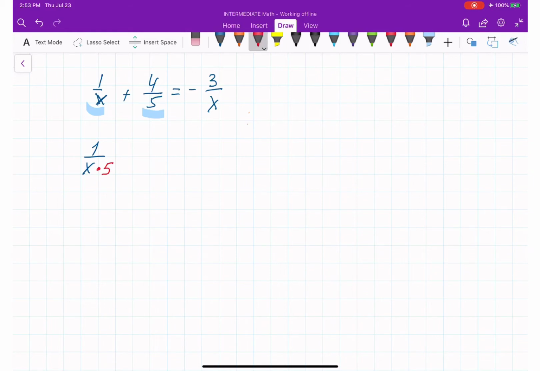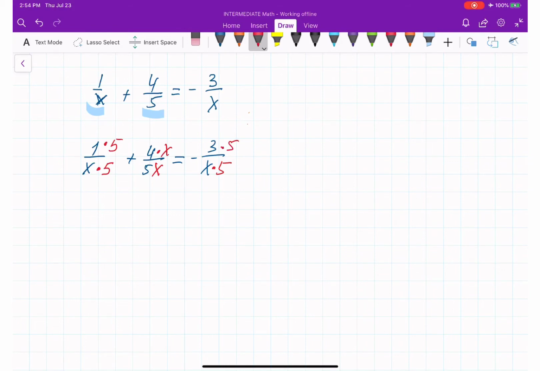Remember one thing: whatever change you do to the bottom or one part of the fraction, you have to do exactly the same change to the other part of the fraction. Next, plus 4 over 5. We have 5, but we need 5x. So I multiply by x here and multiply x here. And then equal negative 3 over x. So I multiply by 5 here and multiply by 5 here.